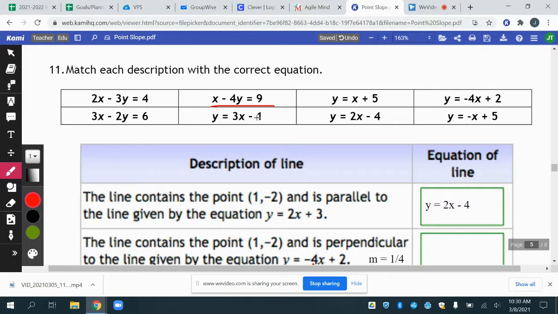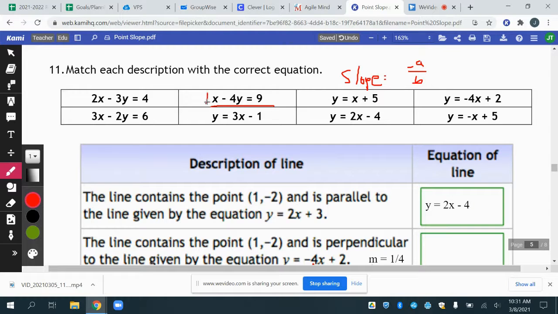This one, I think. These ones are y equals mx plus b, and none of them have a 1/4 in front of the x. This one needs a 1/4. These ones use 2's and 3's. Remember, if I want to find the slope of this guy in standard form, slope is negative a divided by b.